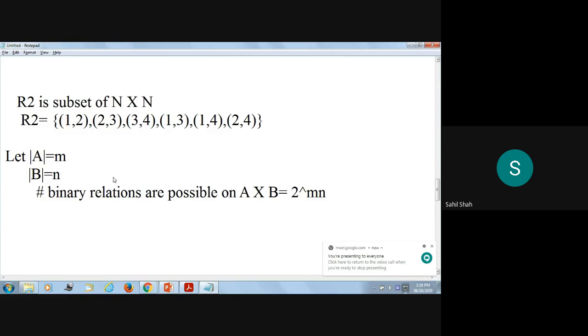How have you got the answer? Can you explain, by unmuting your mic? Why is the answer 2 raised to mn? Why is it not something else other than 2 raised to mn? The answer is correct, but why?